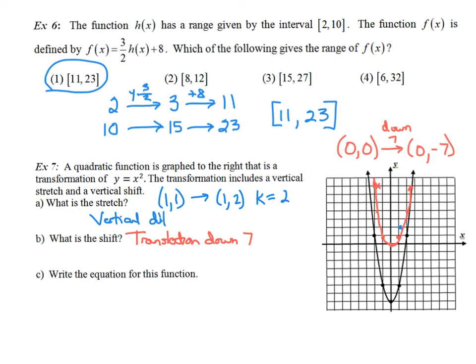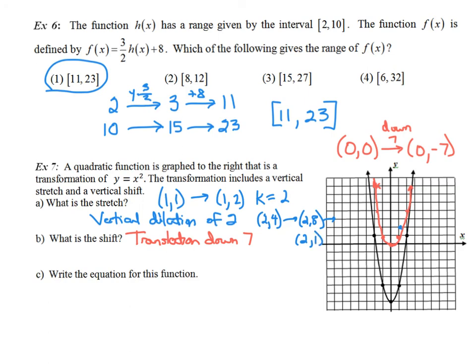Now we can also check some of the other points to make sure that a vertical dilation of 2 makes sense. So for example, if I go to the point, this one right here at 2, 4, I want to land eventually at this point 2, 1. So if I stretch the point 2, 4 by 2, it becomes 2, 8. And then if I take that point and I go down 7, that's going to give me the new point 2, 1.